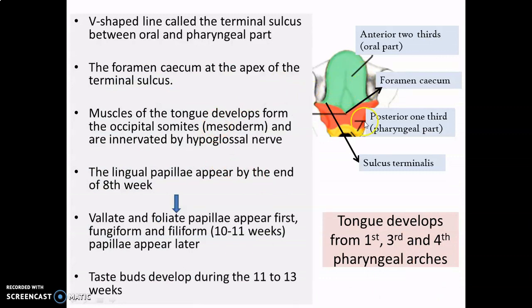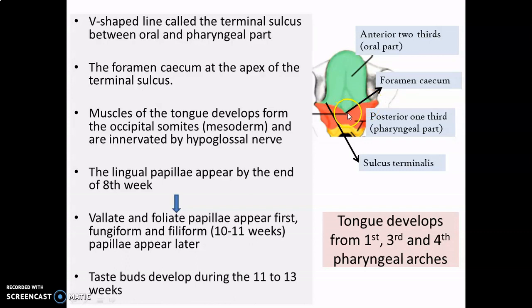Thus the oral and pharyngeal parts are formed, and as you can see here, the oral part, that is the anterior 2/3, and the pharyngeal part, that is the posterior 1/3 of the tongue, are separated by a V-shaped line known as sulcus terminalis or terminal sulcus.